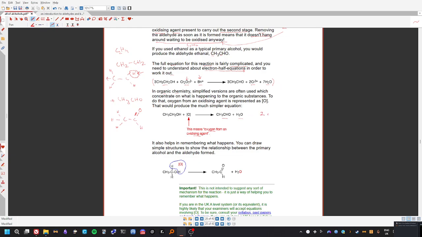Now notice that 2Cr3+ is not mentioned on both sides. It's a spectator ion almost. That's probably because you're leaving this and that's resulting in this, and you're actually gaining into this. You're actually oxidizing this. So 2Cr3+ is not the oxidizing agent. It's going to be a reducing agent in this case because it's losing electrons. Reduction. Hold on.